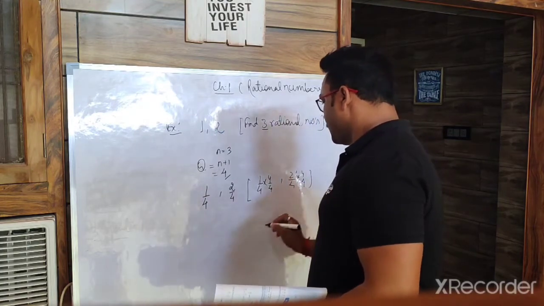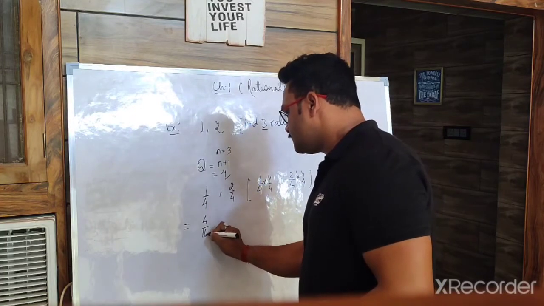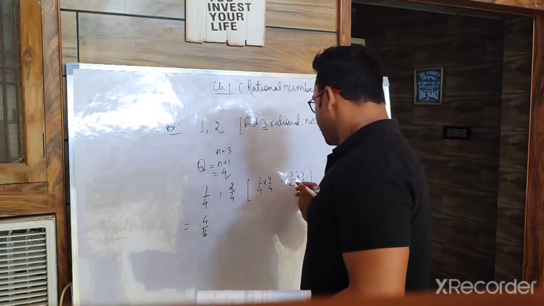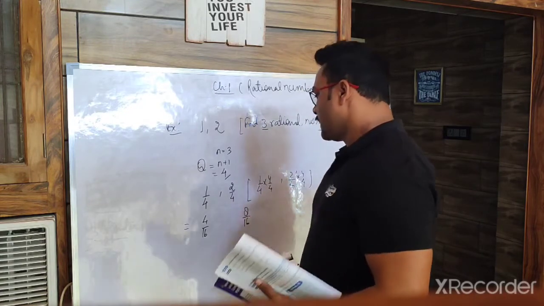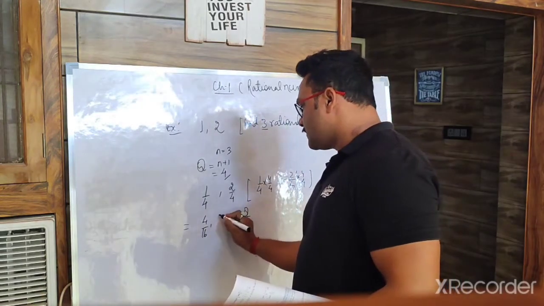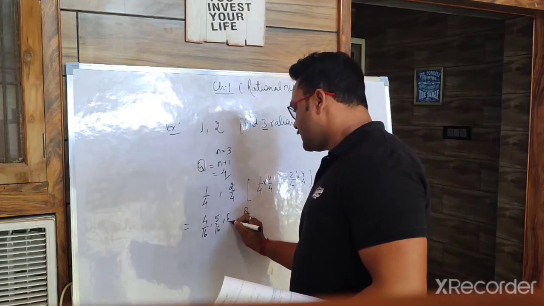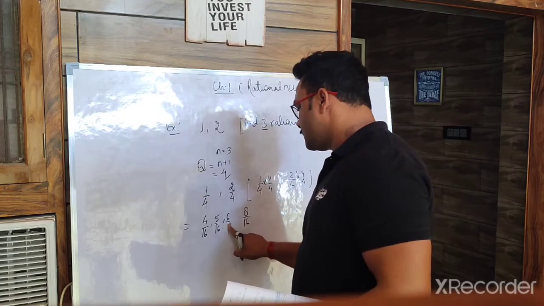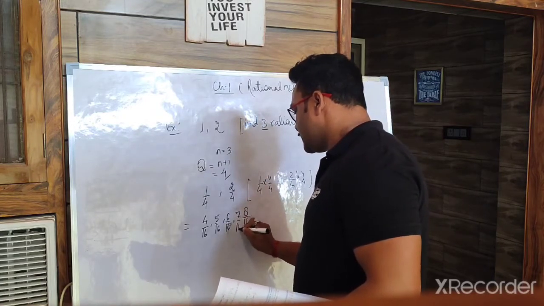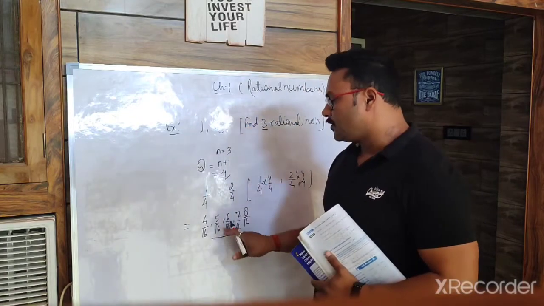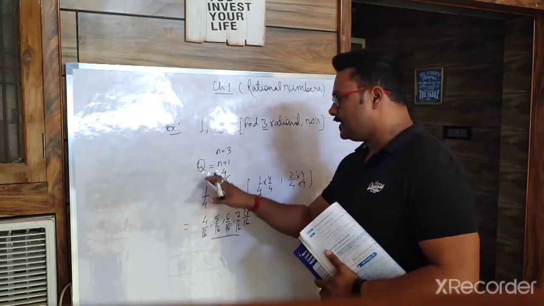So we get 4 by 16 and 8 by 16. Afterwards 5 by 16, then 6 by 16, then 7 by 16. Very easily we have got three rational numbers between these two.